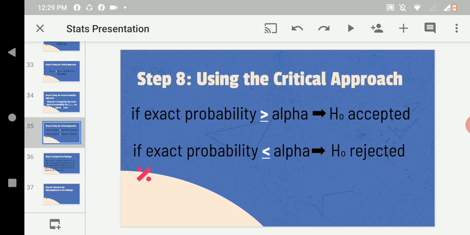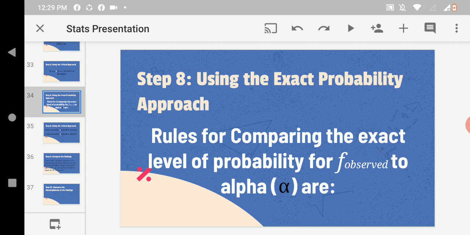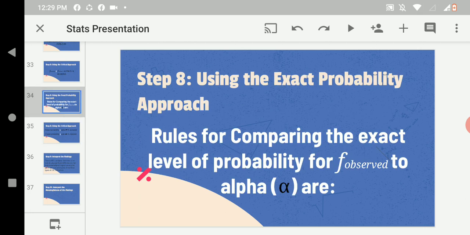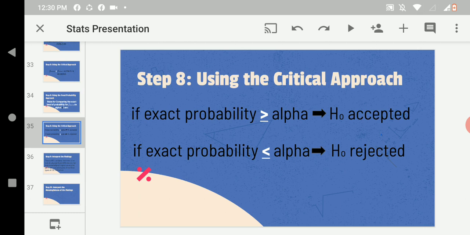If the exact probability is greater than alpha, accept the null and reject the alternative.